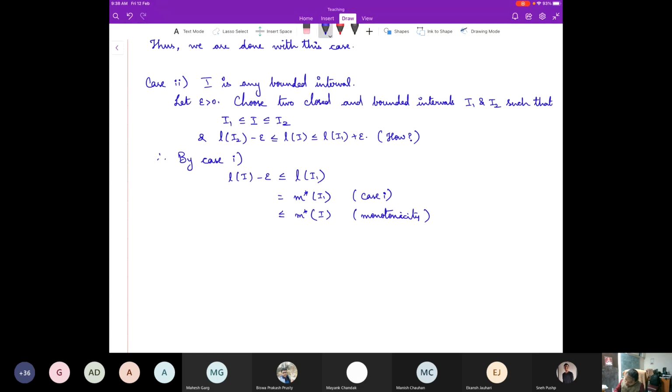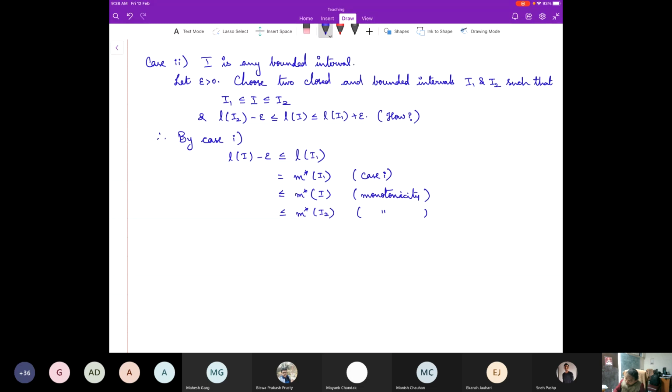I is again contained in I2, so you will have less than or equal to m star of I2 by the same monotonicity. Now I2 is again a closed and bounded interval. Again use case 1 to conclude that this is same as length of I2.